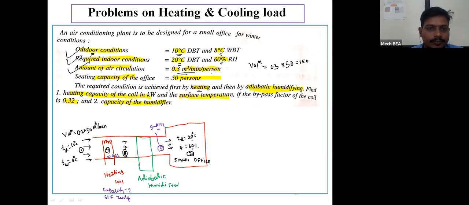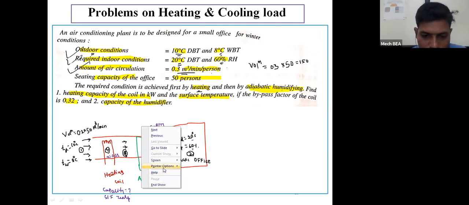Are you getting? So this will be the diagrammatical representation of this problem. Now if I want to solve this problem, then how should I solve it? So wait for 1 minute.